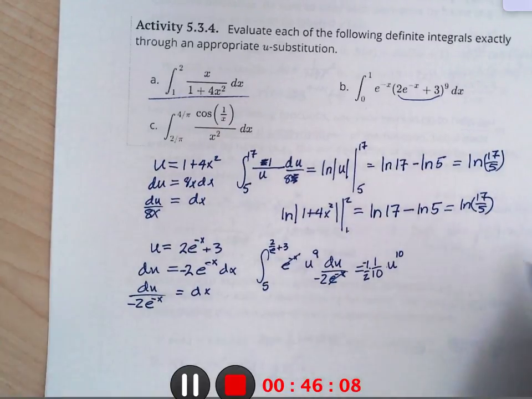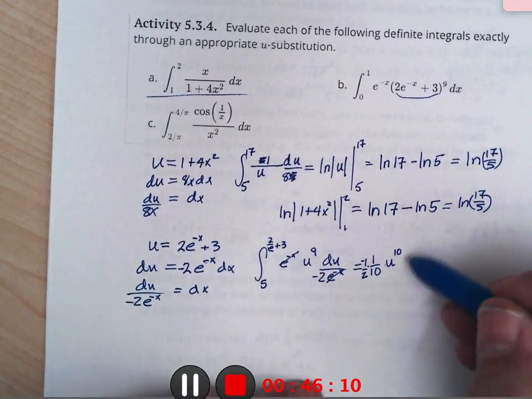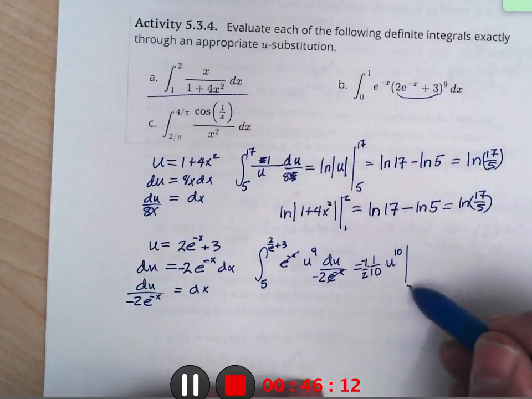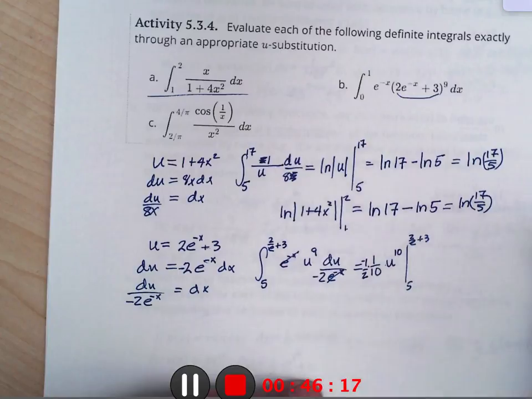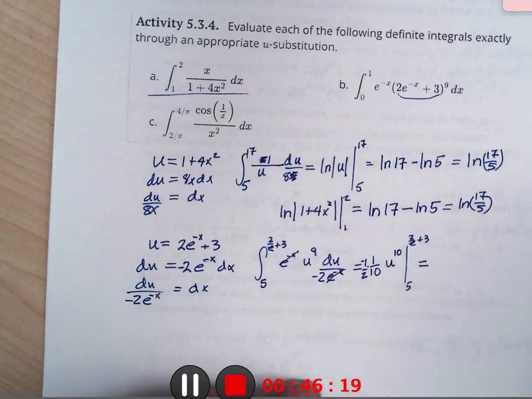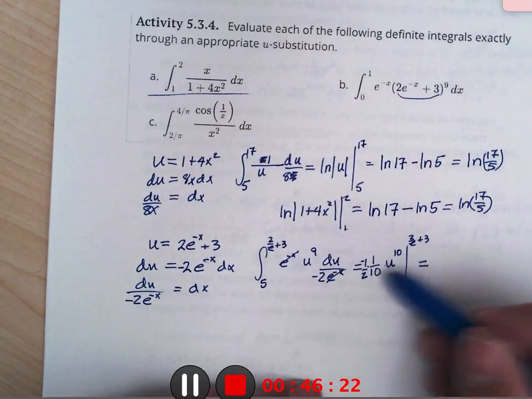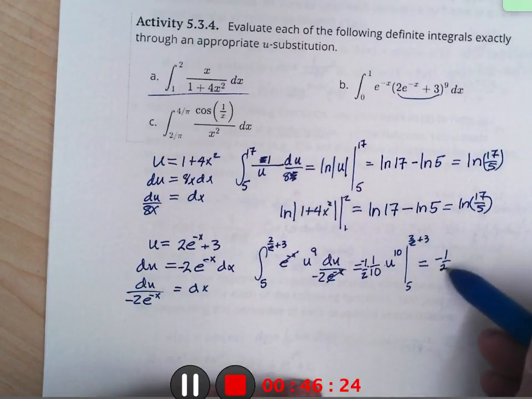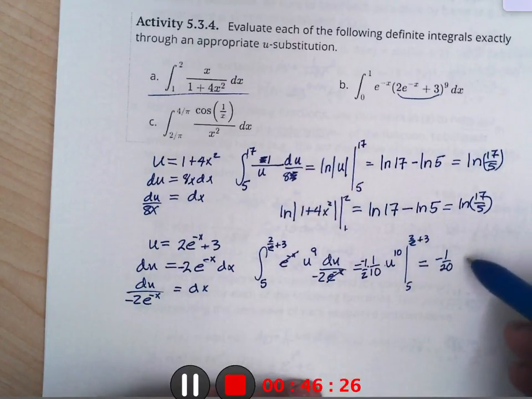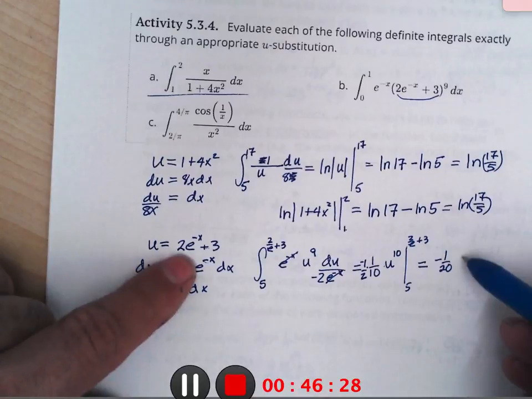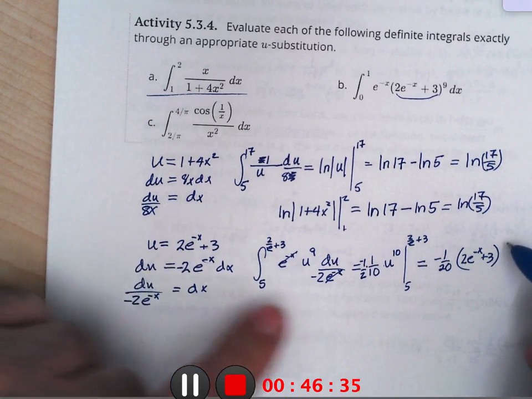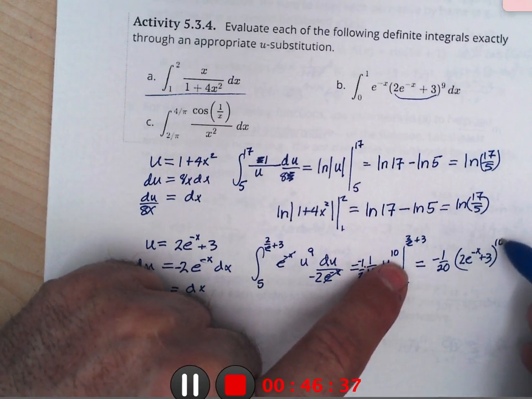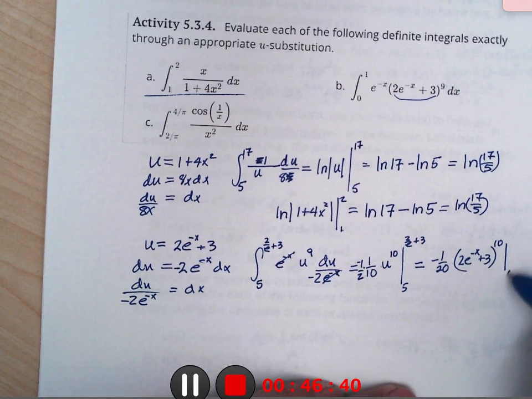We don't have to have it, so it would go from 5 to this 2 over e plus 3, or changing back to x, that'd be minus 1/20 of 2e to the minus x plus 3 to the 10th, from 0 to 1, the original limits.